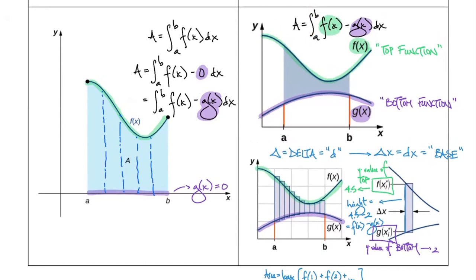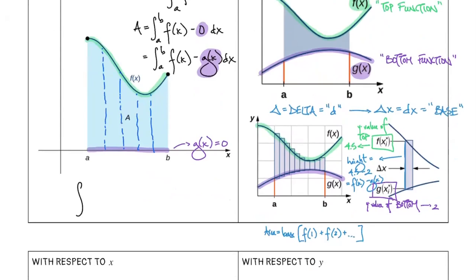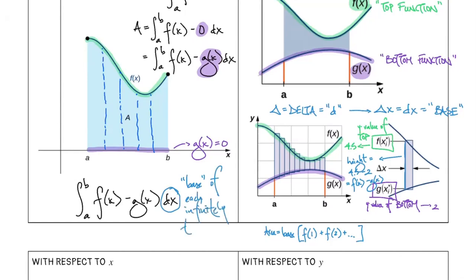Okay, let me write that down over here. When we have our integral from a to b of f of x minus g of x, this dx is sort of the base of each infinitely thin rectangle.